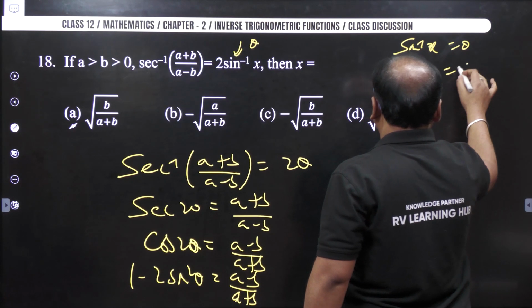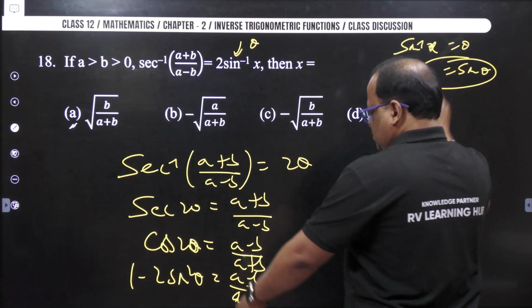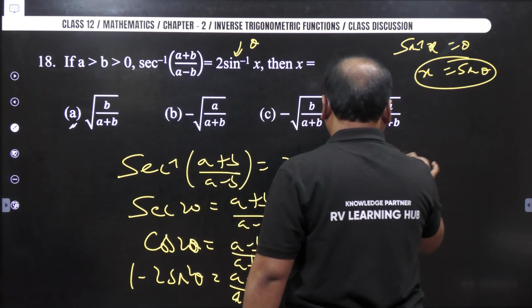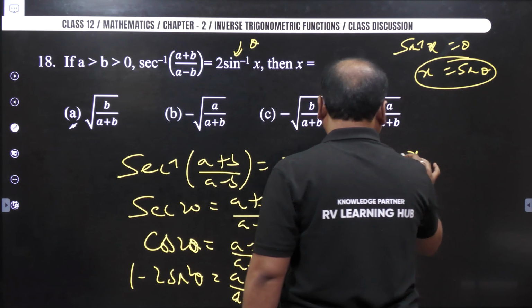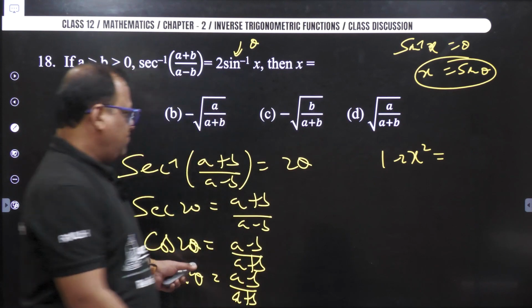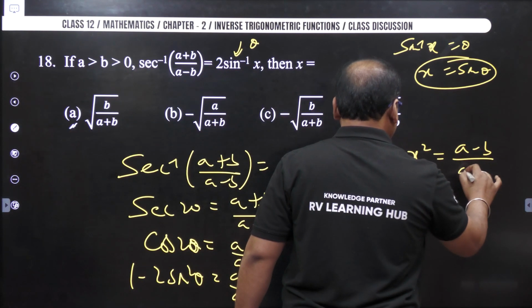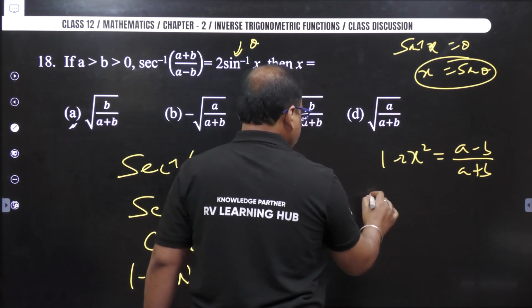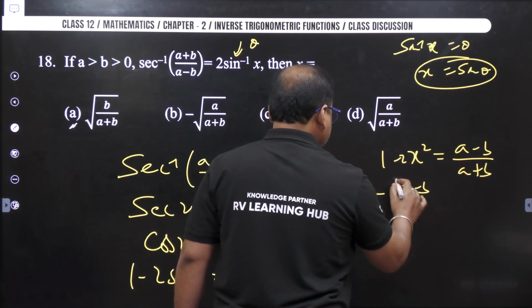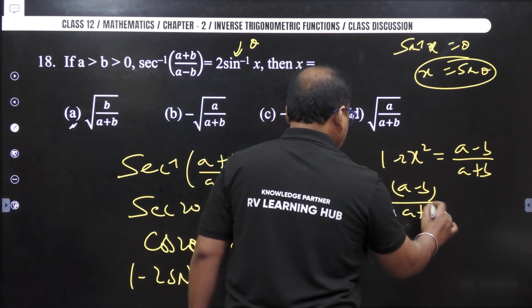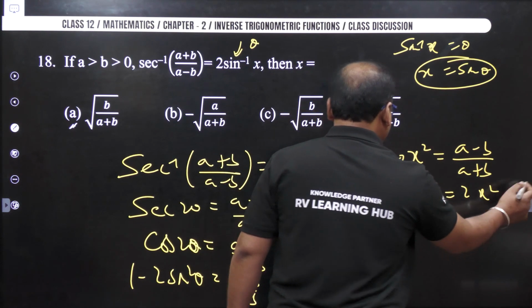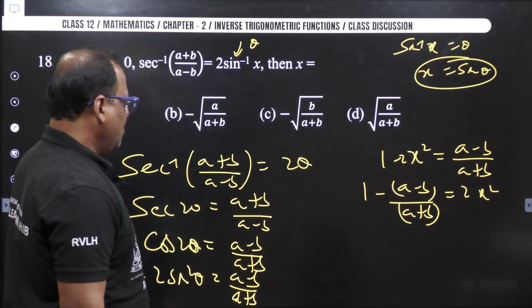So x equal to sin theta. So this value is x. 1 minus 2x square is equal to a minus b divided by a plus b. So 1 minus a minus b divided by a plus b is equal to 2x square. Okay.